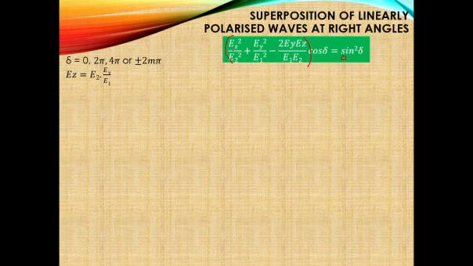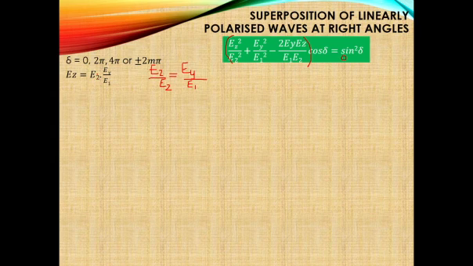So you can write it as a minus b whole square equal to 0, where Ez by E2 is a, minus Ey by E1 is b, whole square is equal to 0. Now taking Ey by E1 to the other side, it will become equal to.